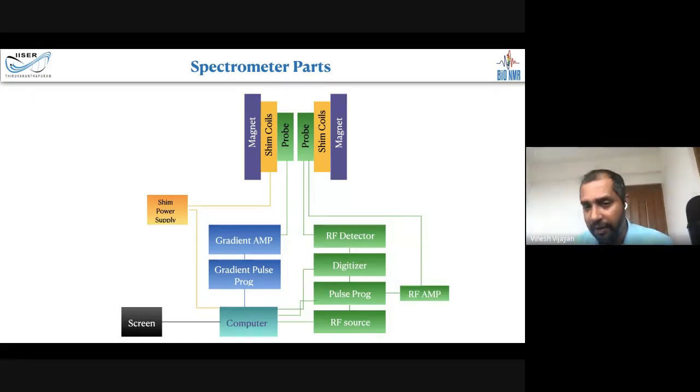But in NMR also we require it, especially for shortening the phase cycling. We can use gradient pulse programs so that we don't have to have a number of phase cycles to reduce spurious signals from coming.